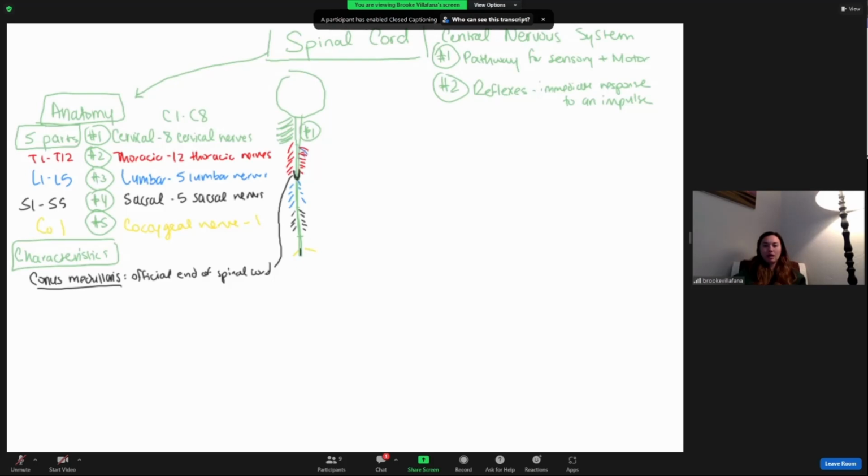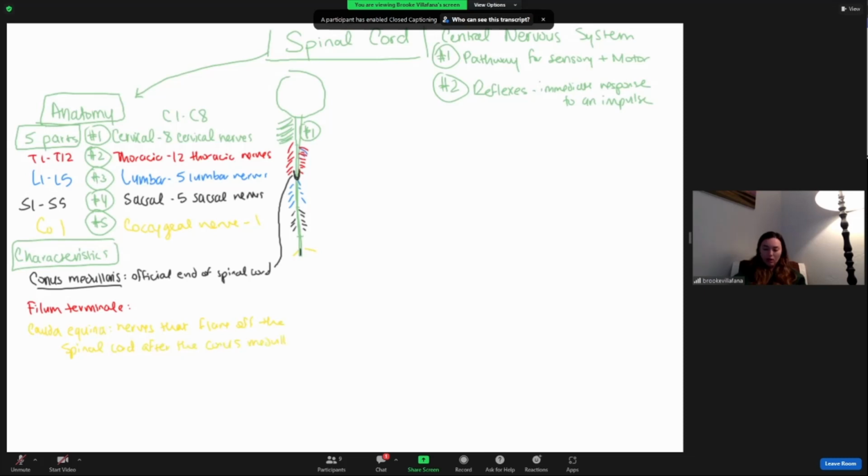But obviously, like we just said, nerves keep coming off of the spinal cord as we go down. And those nerves that come off after the end also have a name. Okay, so this is where it's a little bit confusing, but I'll just try to make it very simple. Filum terminale and cauda equina reference the tissue and then the nerves. So cauda equina, the nerves that flare off the spinal cord after the conus medullaris.